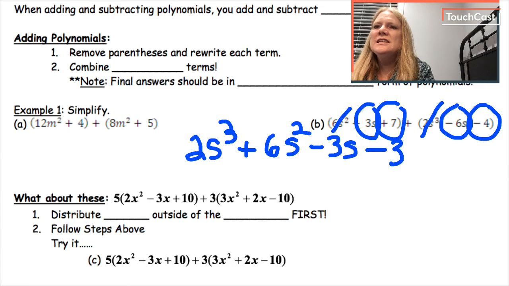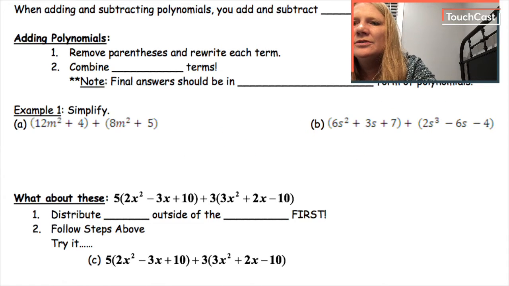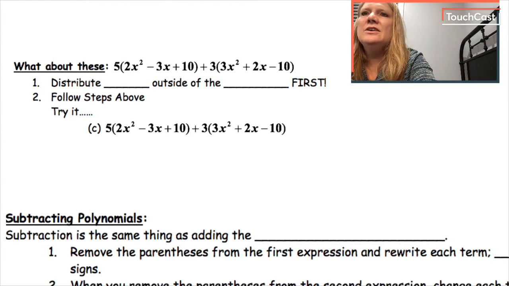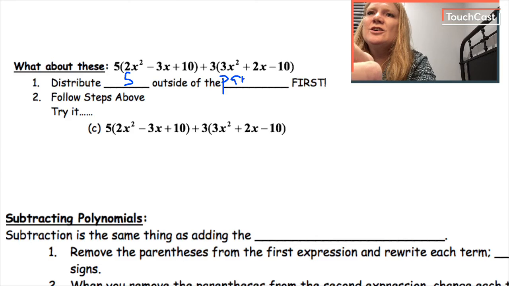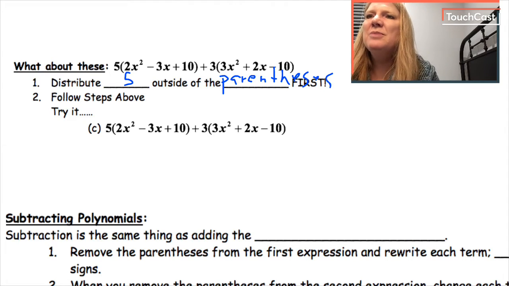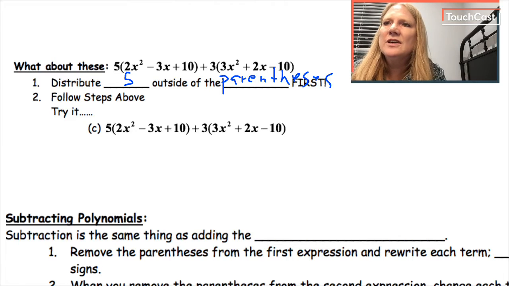All right, so let's look at the next problem where we have a little bit more work to do. Okay, so here we're going to first have to distribute the 5 that is outside of that parenthesis. We're going to follow the steps and first multiply everything that's outside the parentheses.